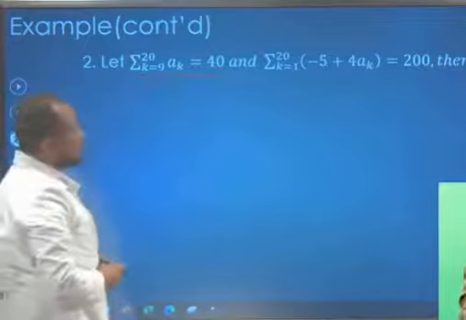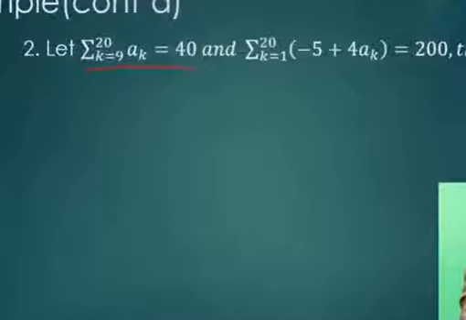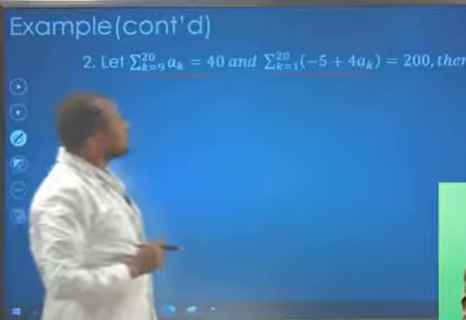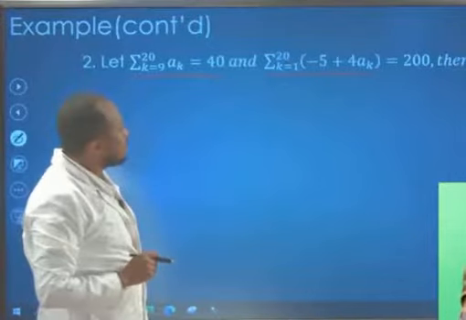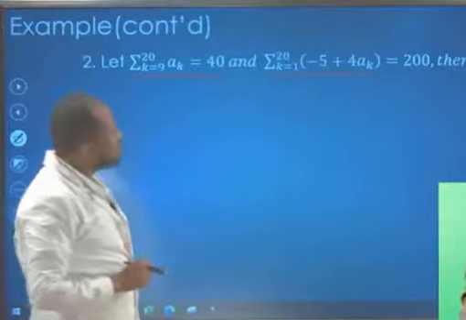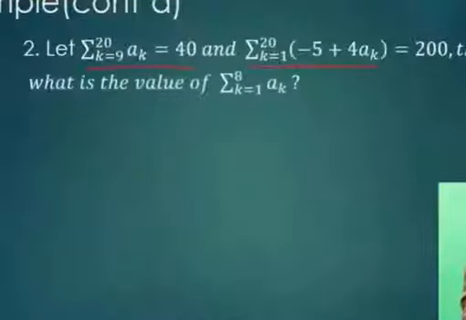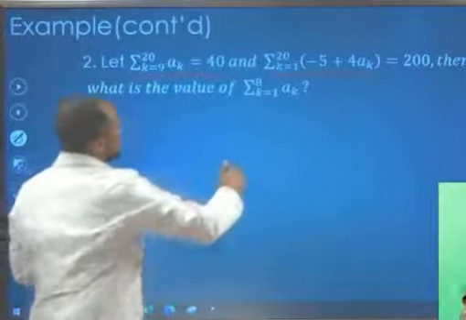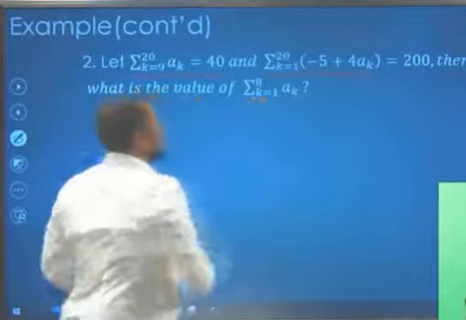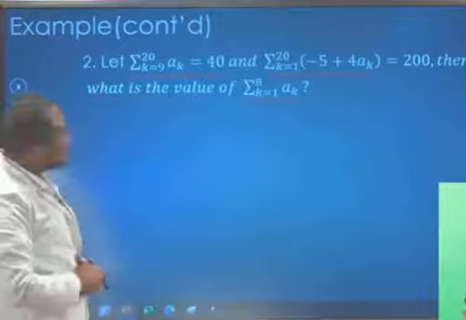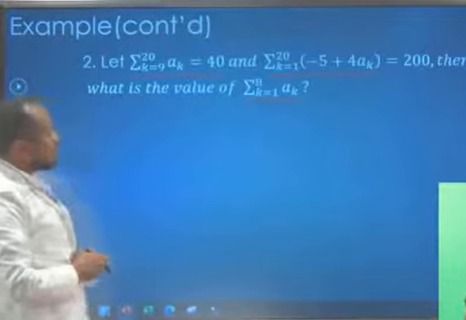It is 40. And the summation of (-5 + 4a_k), k starts from 1 up to 20, is given to be 200. Then you are asked to evaluate this one. What is the value of the summation of a_k where k starts from 1 up to 8?